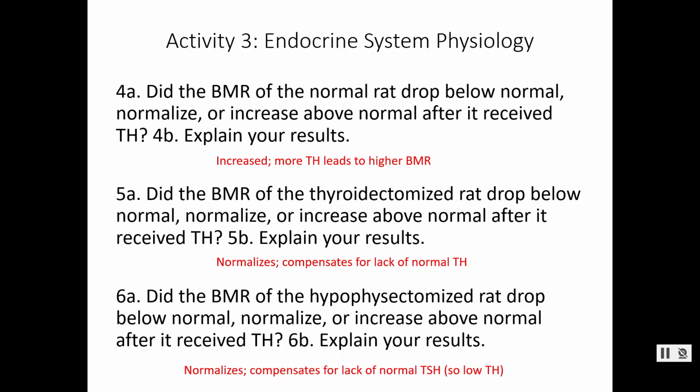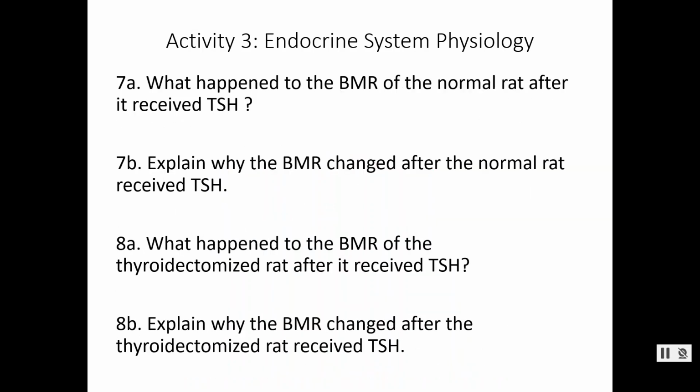This rat again has no pituitary gland, so we were not secreting TSH, so we were not stimulating the thyroid. If this thyroid is not being stimulated, it's not going to secrete thyroid hormone, so our BMR would be lower than normal. We're compensating for that by providing thyroid hormone to raise that BMR back up to normal.